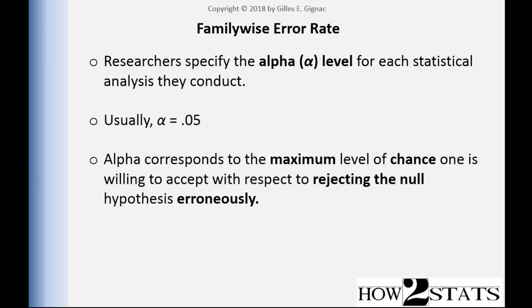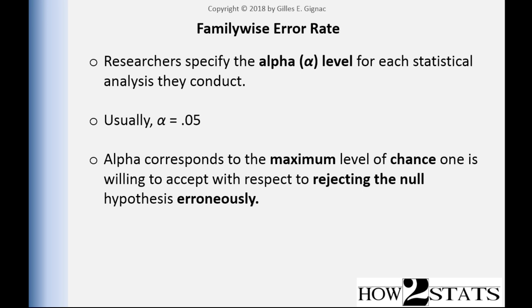And alpha corresponds to the maximum level of chance one is willing to accept with respect to rejecting the null hypothesis erroneously. So stated alternatively, when a researcher conducts an analysis, they want to protect themselves from saying that there's something going on in the population based on their sample, when in fact nothing is really going on in the population. There is no difference between the groups, or there is no relationship between the two variables.